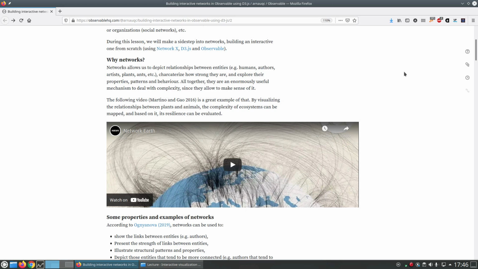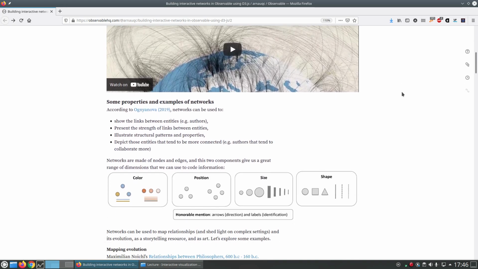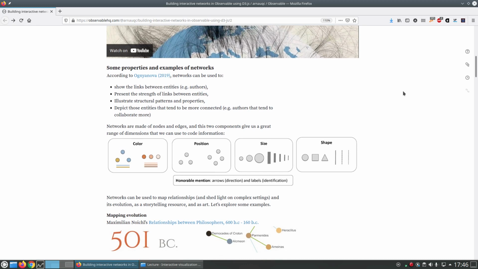So now let's talk a bit about the properties and present some examples, good examples in my opinion, of interactive networks. I will base this section on Ognyanova, in this tutorial published in 2019 on how to build networks using R. If you're using R, I recommend this specific tutorial quite a lot. Ognyanova argues that networks can be used, as I was saying, to show links between entities, so relationships again.